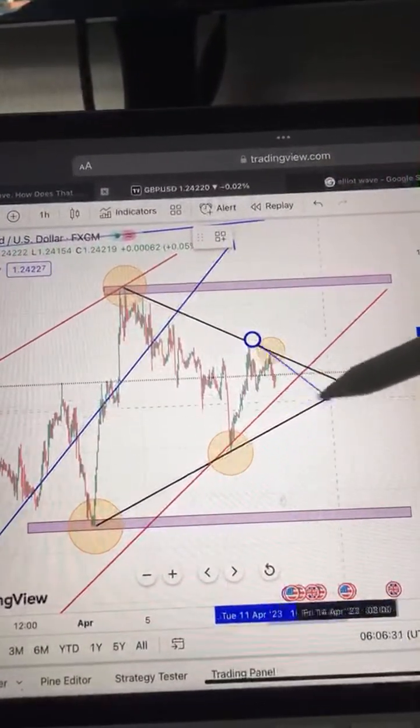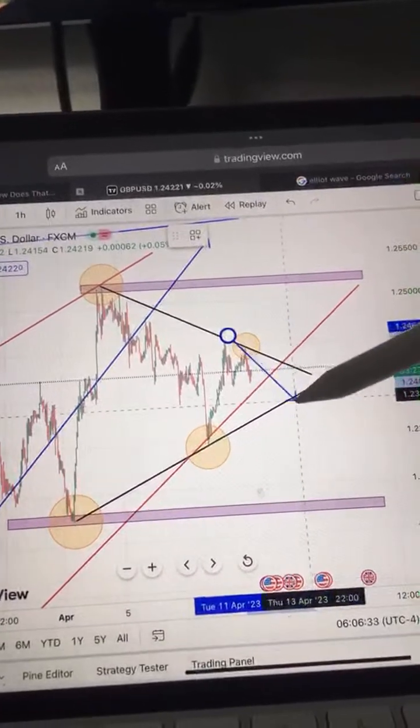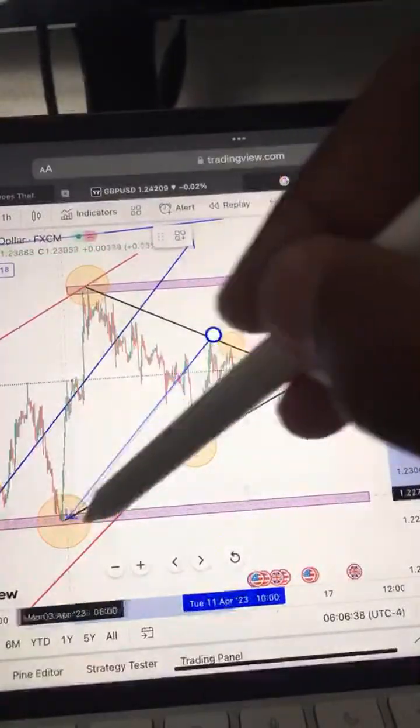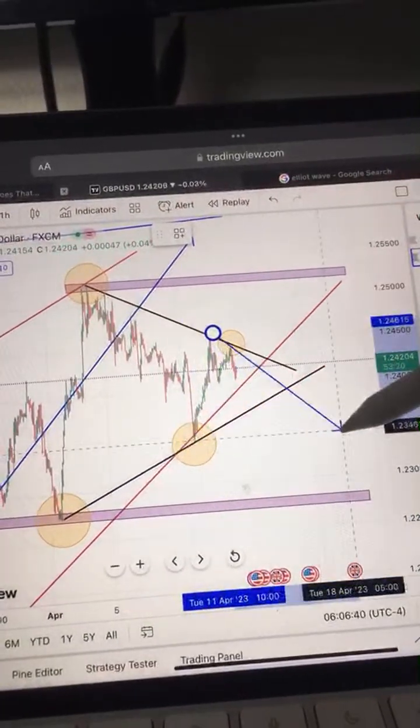If it breaks here and there is a confirmation, it will go up until touch 1 and my take profit will be right here or on touch 2.